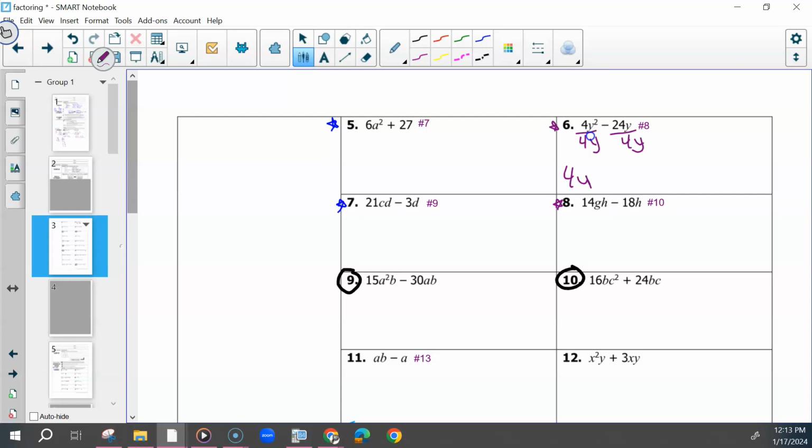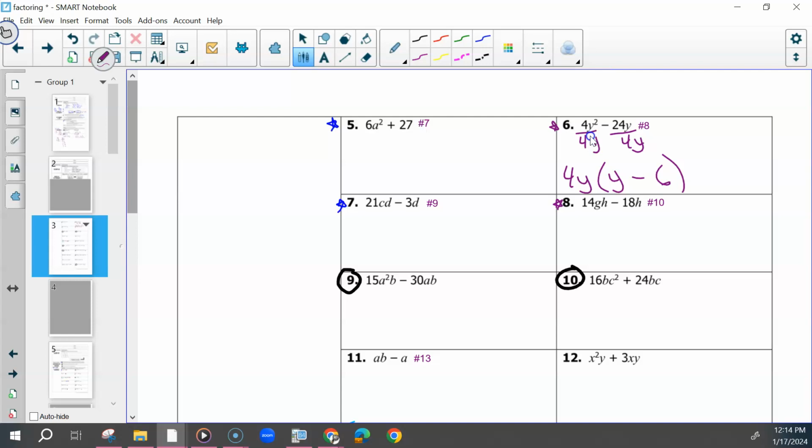That would be my GCF on the outside. If I divide both terms by 4y, what's left? Think about the first one like you had 2 y's and you took 1 away. So it's y minus 6.